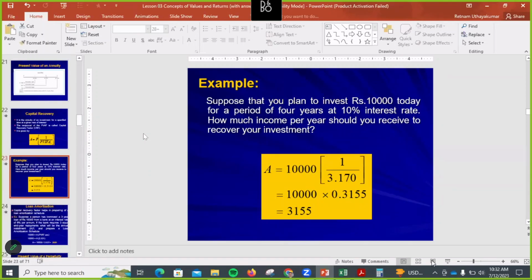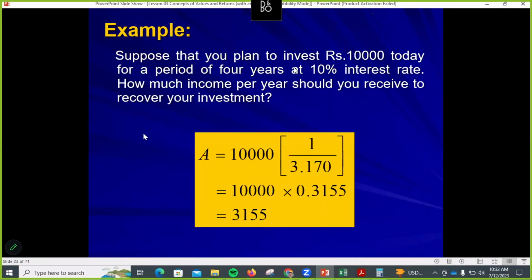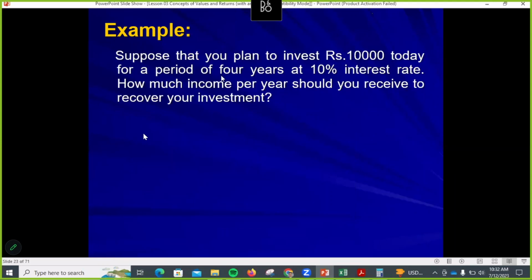So an example is given. Suppose that you plan to invest 10,000 today for a period of 4 years at 10% interest rate. How much income per year should you receive to recover your investment? So you buy a machine for 10,000, but you are going to use the machine for 4 years.